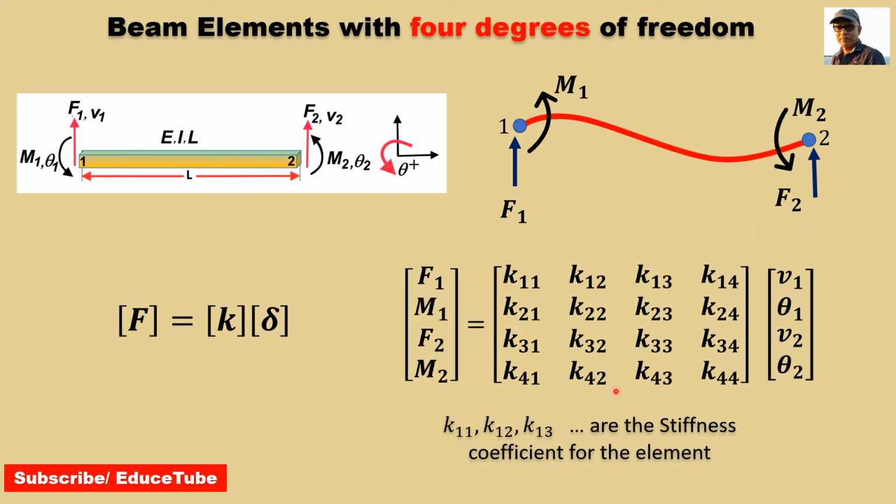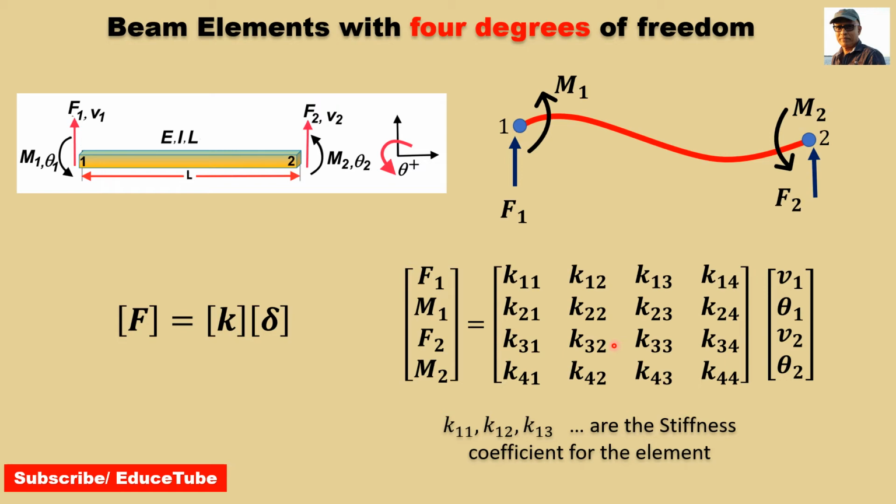In expanded form, for these four forces, F1, F2, M1, M2, as I said, 4 degrees of freedom. So this matrix K will be here 4 by 4. Already we learned before, for 2 degrees of freedom, we got a stiffness matrix 2 by 2. So for 4 degrees of freedom, it will be 4 by 4. So as per this, our matrix will be like this, according to this equation.